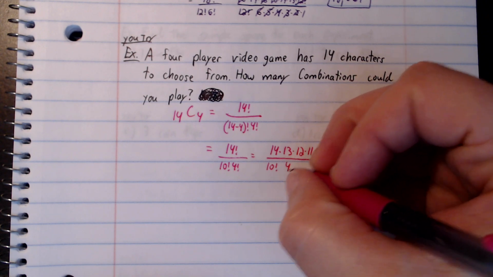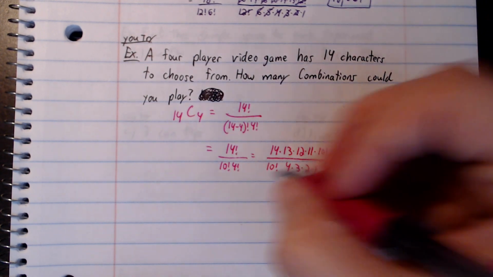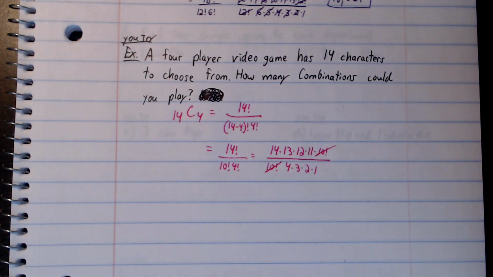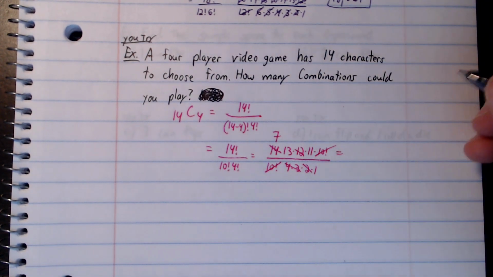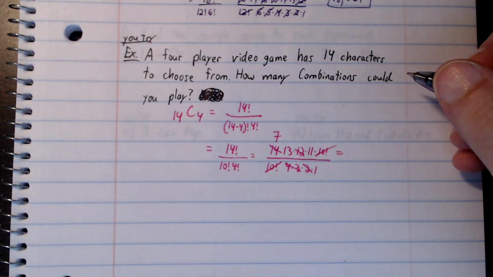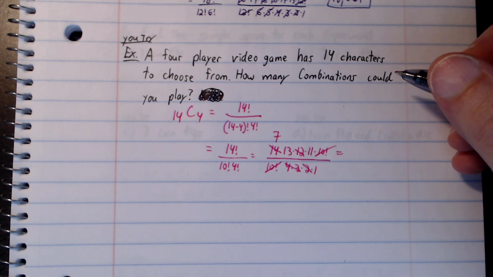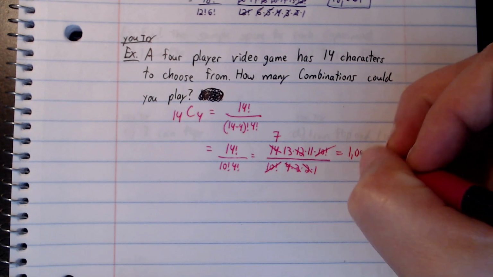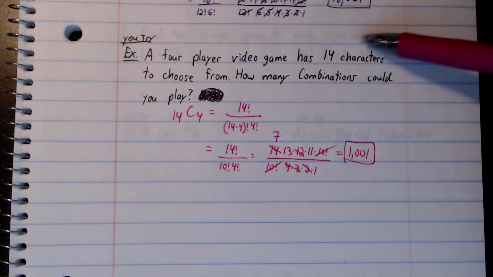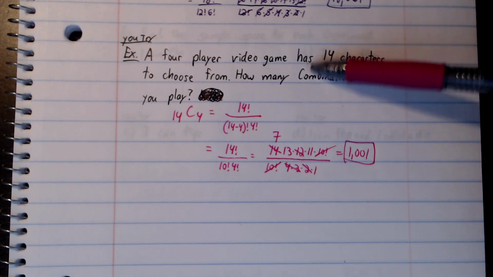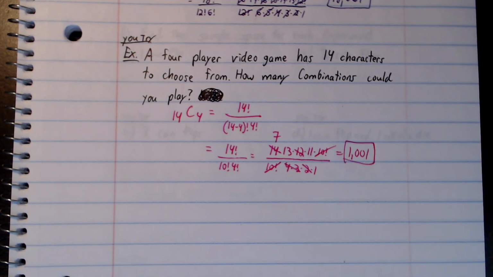I'm going to expand 4 though. I can get rid of my 10 factorials. 4 times 3 is 12. 2 goes into 14 7 times. So let's see. We got 7 times 13 times 11. That's 1,001 different ways that you could play a video game with 4 people and you each choose out of 14 characters. That would keep you entertained for quite a while.